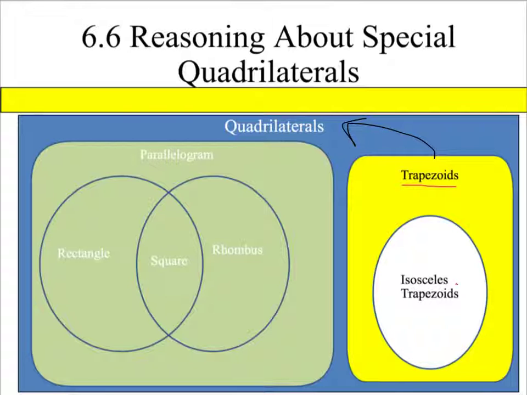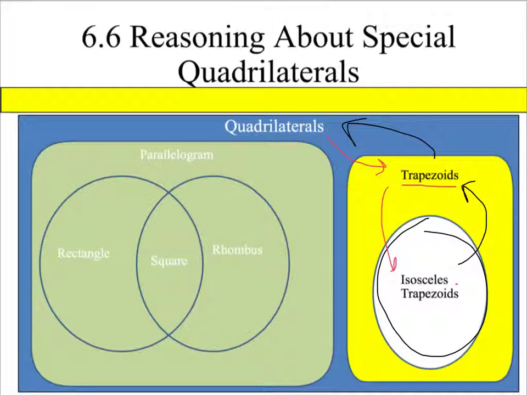Inside this window, all isosceles trapezoids are trapezoids, and all trapezoids are quadrilaterals. However, we cannot go back the other way. We cannot say that all quadrilaterals are trapezoids. That's incorrect. And we cannot say all trapezoids are isosceles trapezoids.